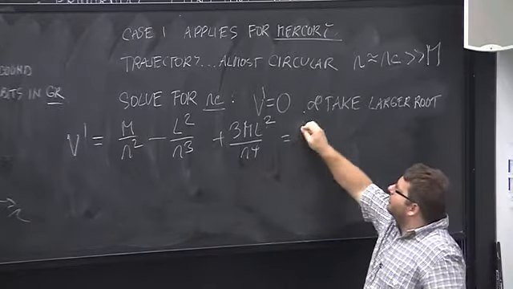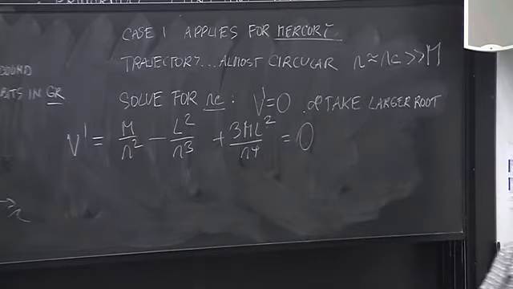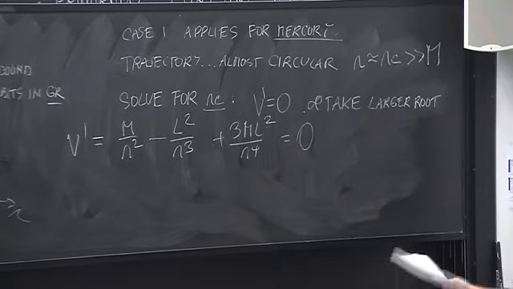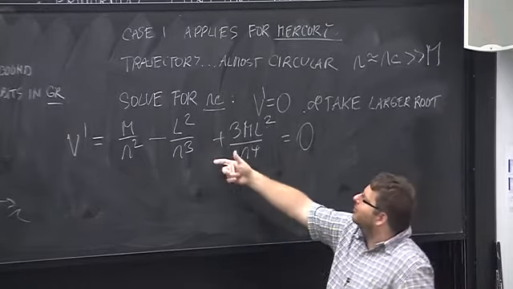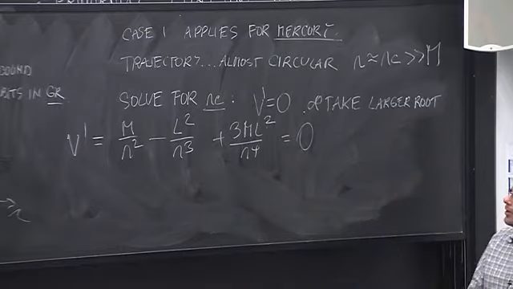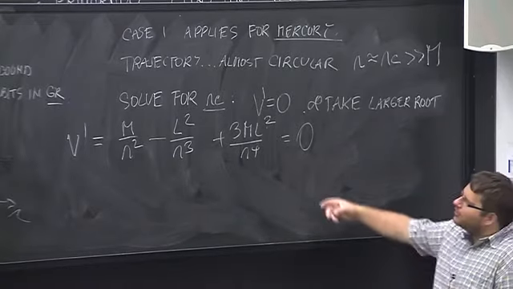This has to be equal to 0. Now we have to solve it for something. A stupid idea would be to solve it for RC. Why is it stupid? Because it's an ugly equation, a cubic equation. So let's solve it for something else.